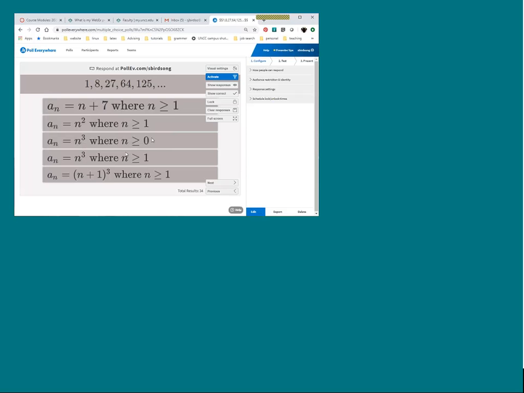Now if we come down to the fourth answer, this one says we're going to start at n equals 1. If we put n equals 1 into this formula, do we get back our first term? Yes, so that means this is a possibility.